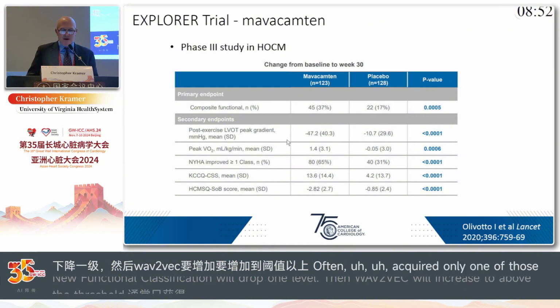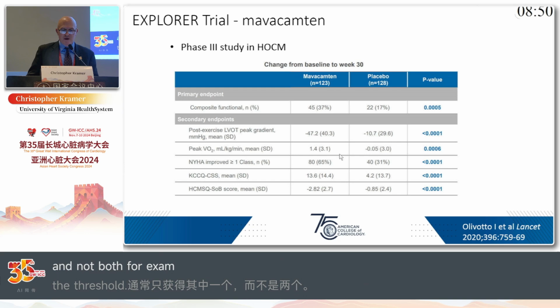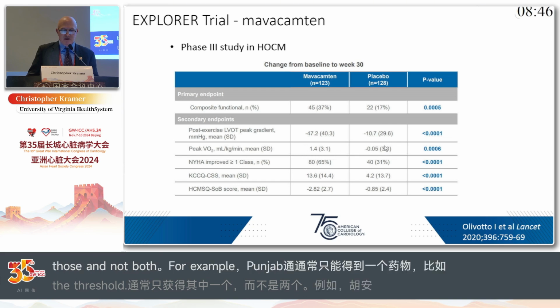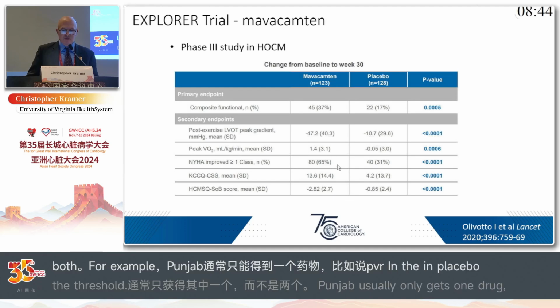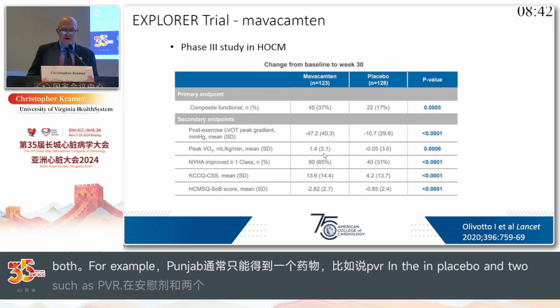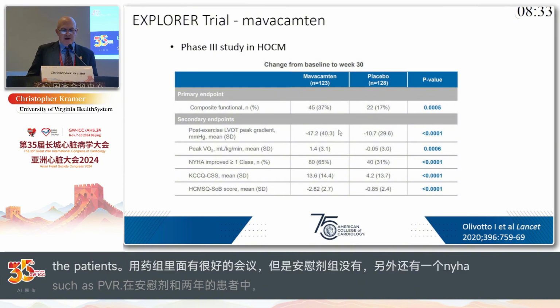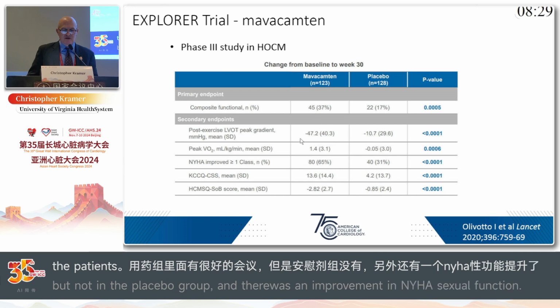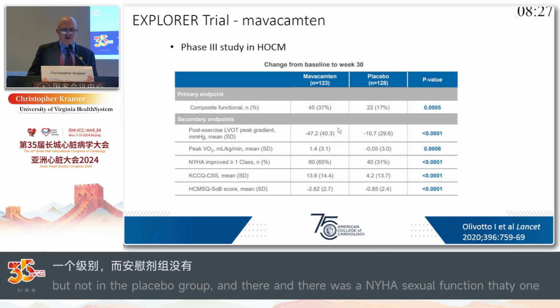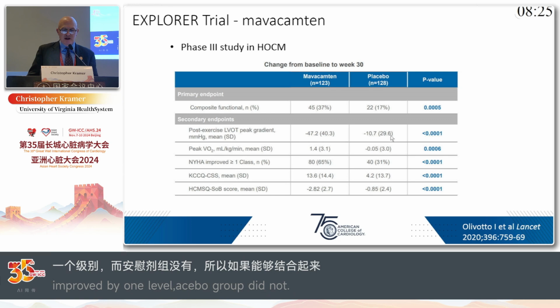For example, the peak VO2 improved by more than one in the patient group and not at all in placebo. And 2/3 of the patients improved their NYHA class by at least one. So if they had split the endpoints instead of making a composite, the drug would have looked better. But certainly it drops the post-exercise LVOT peak gradient by 47 in this study compared to 11 in placebo, and patients feel better.